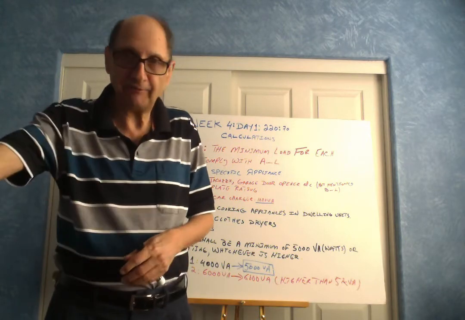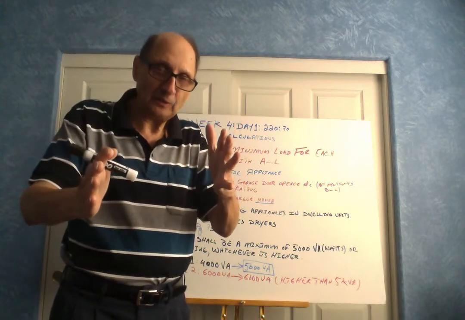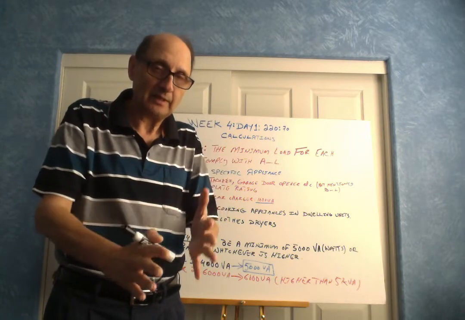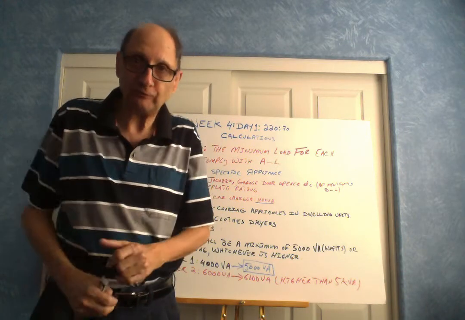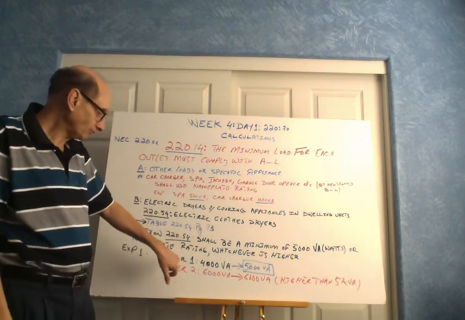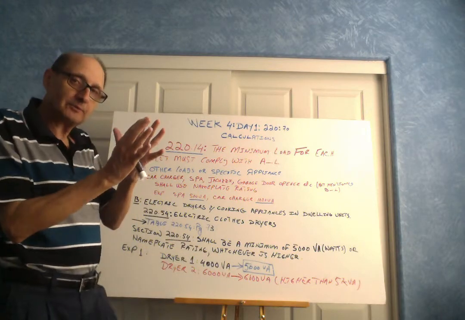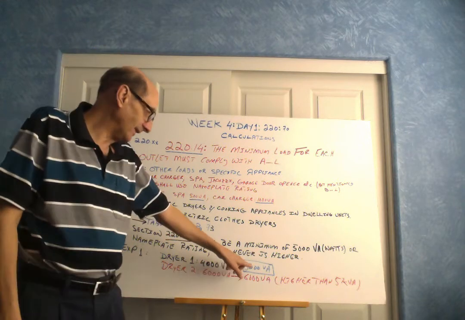If it is bigger than 5,000, then we are going to keep that value. But if the value is less than 5,000 watts, that value must be made equal to 5,000 watts. Here is one example. So dryer 1 is 4,000 volt amps. So when it comes to the calculation, we cannot use anything less than 5,000.